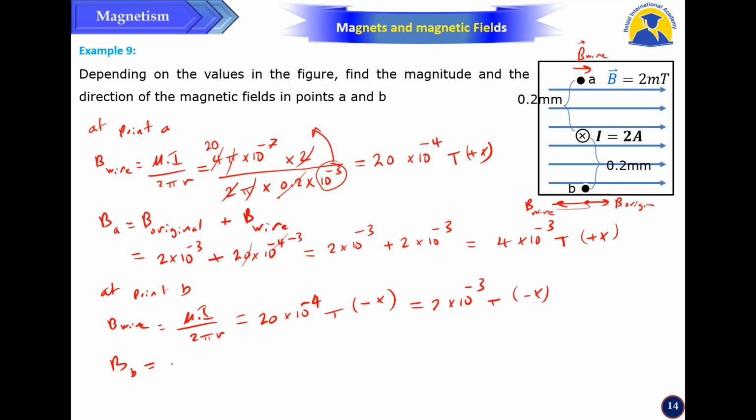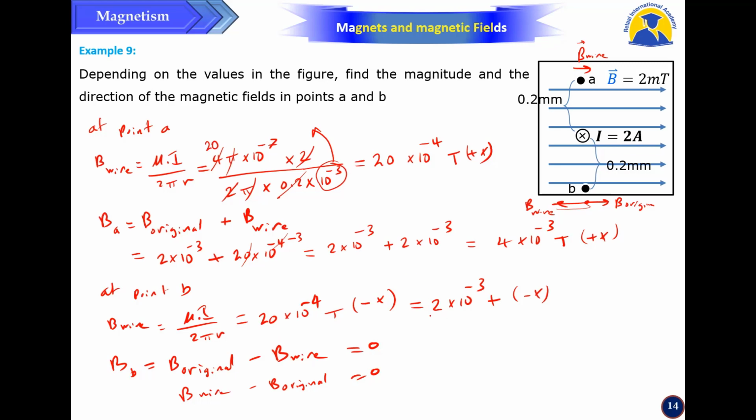So the answer will be 0, because if we say B original minus B wire, or B wire minus B original, in both cases the answer will be 0, because the two magnetic fields are the same and in opposite direction.